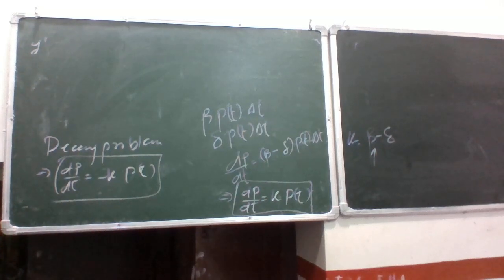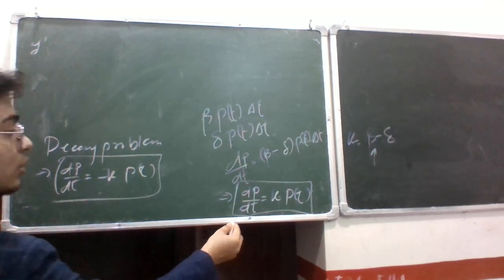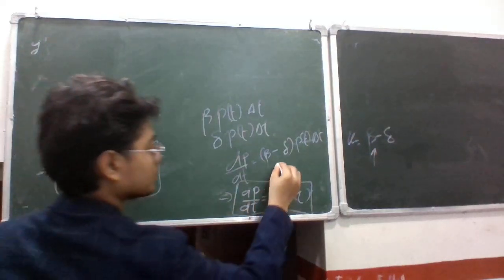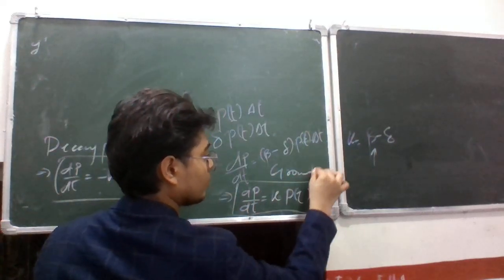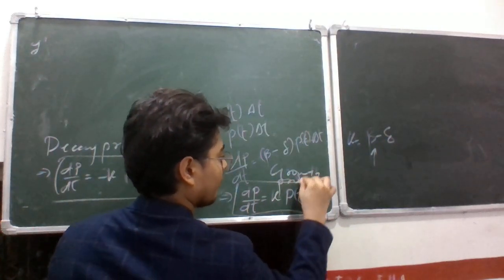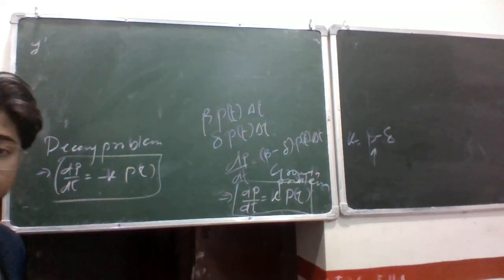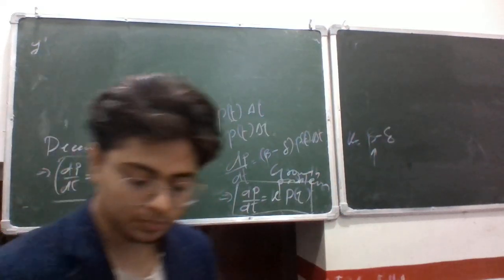So this is called the decay problem. This is called the population growth problem. And this is called the decay problem.